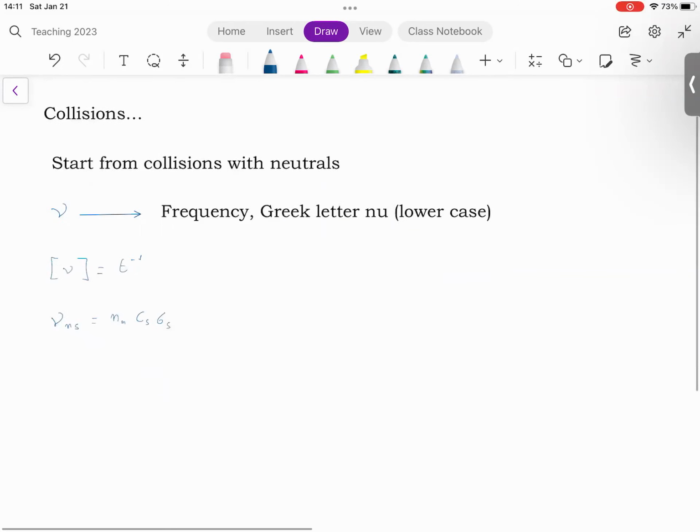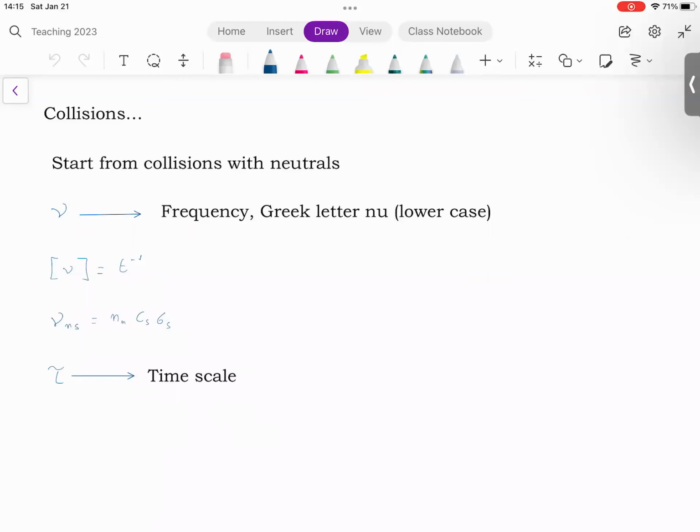Often, instead of using a collision frequency, it's more convenient to use a dimensionless quantity. So let me define another quantity here. That's going to be a time scale, and I'm going to use the Greek letter tau. Okay, here I have defined my time scale.